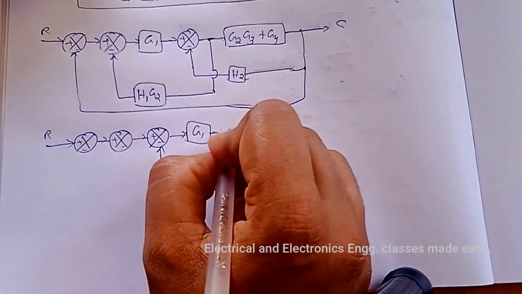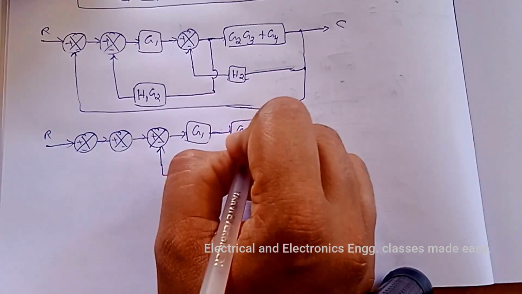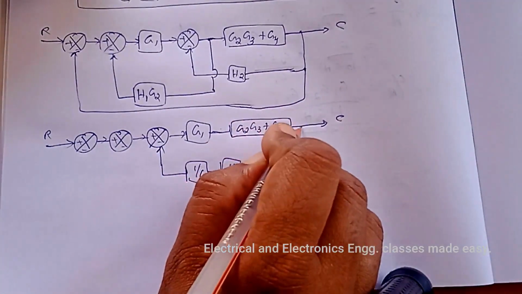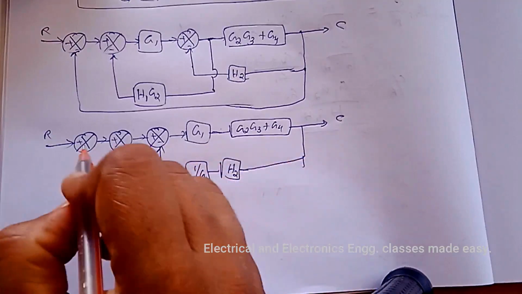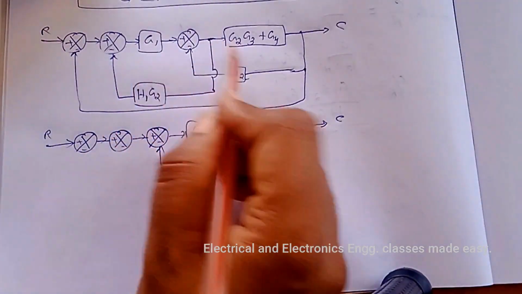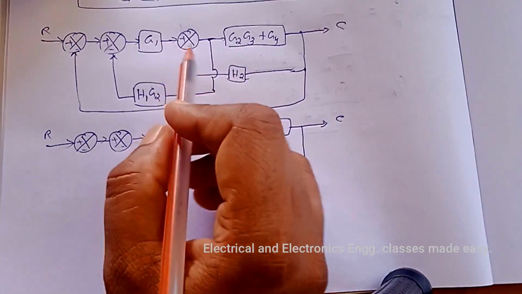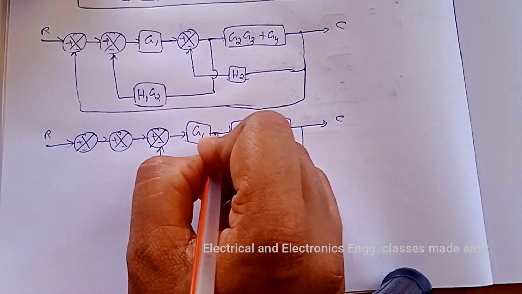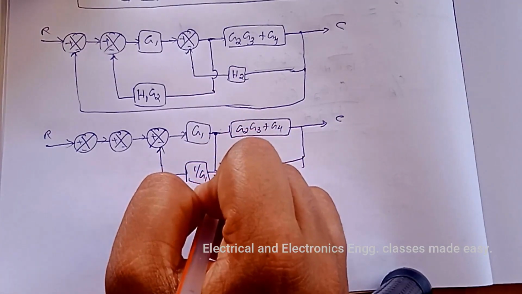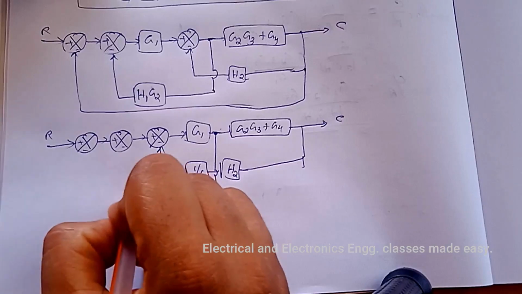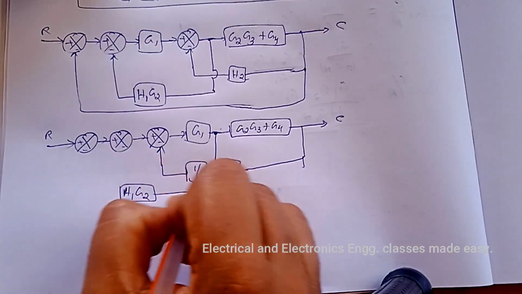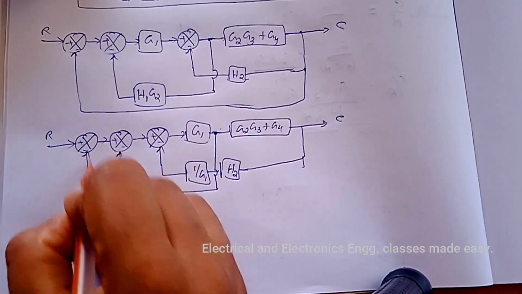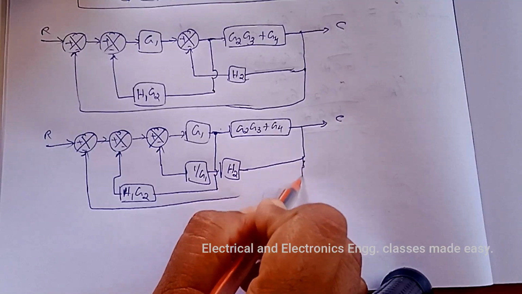Now this block is there, G2 (G3 plus G4), then C. And this feedback path is there, that is from here, from here, H1 G2 is there. Now this feedback path is there.